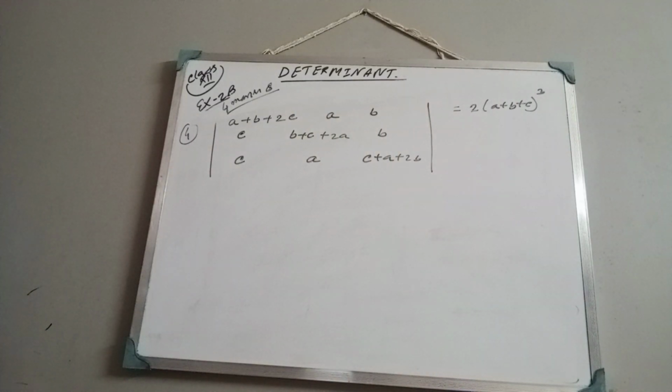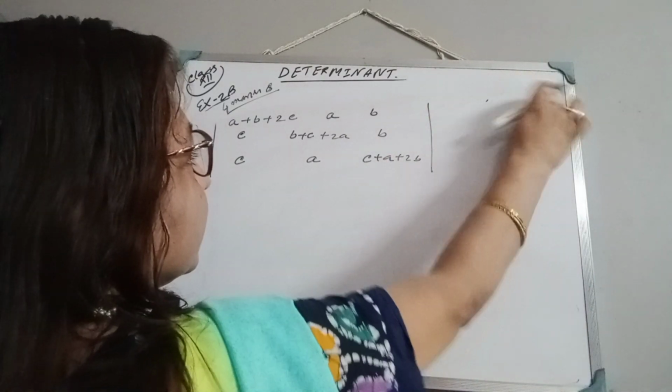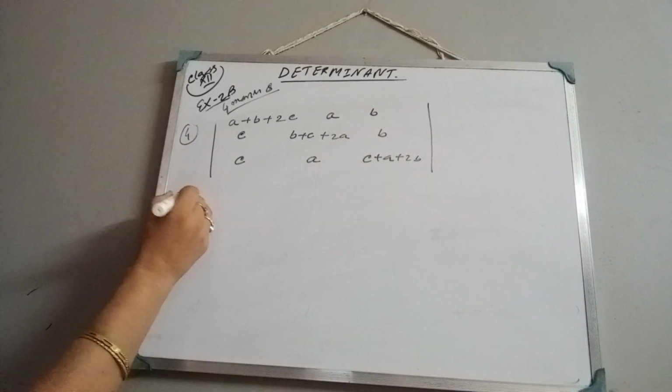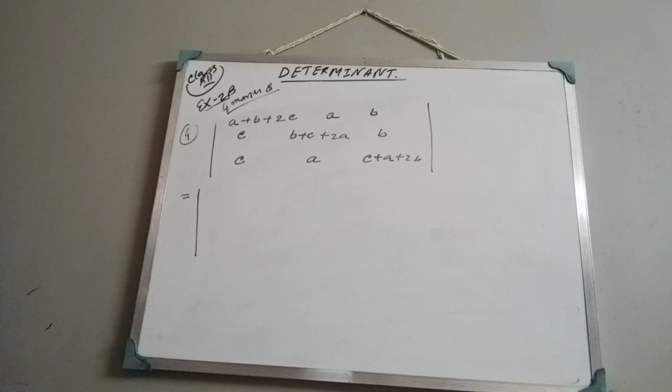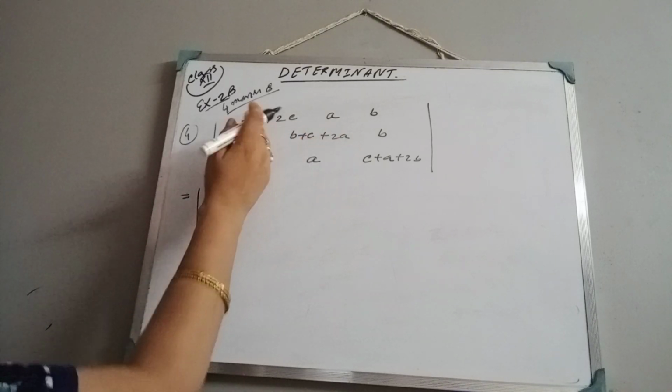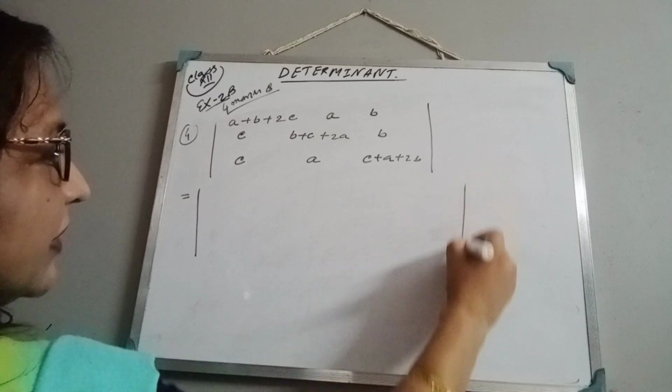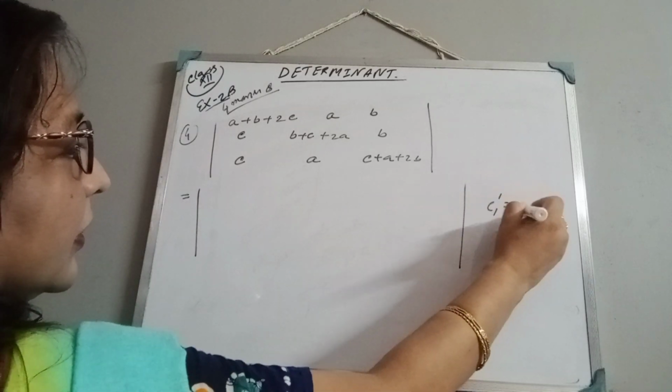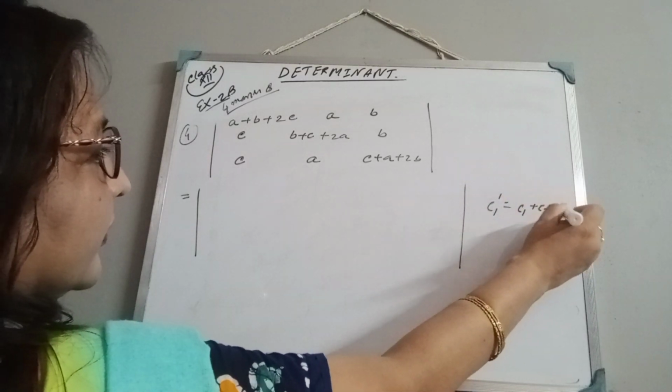So obviously we will start from the left hand side. Let us add all the three columns. So C1 dash equals C1 plus C2 plus C3.